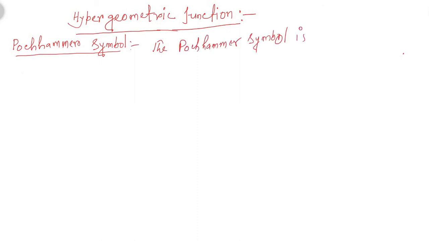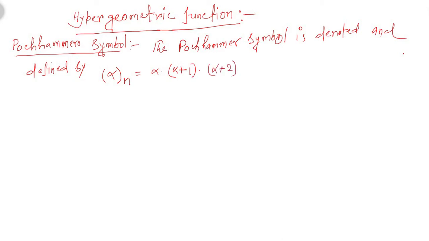The Pochhammer symbol is denoted and defined by alpha n is equal to alpha into alpha plus 1 into alpha plus 2 dot dot dot alpha plus n minus 1, with alpha 0 is equal to 1.